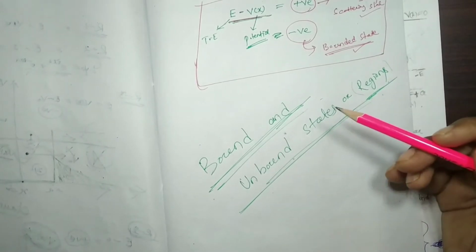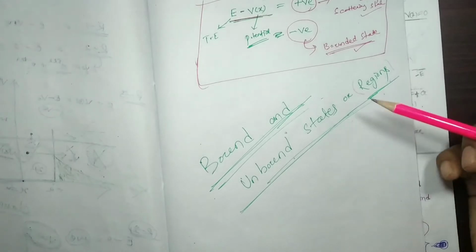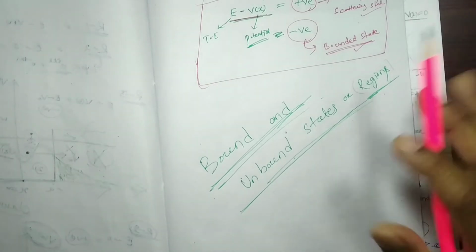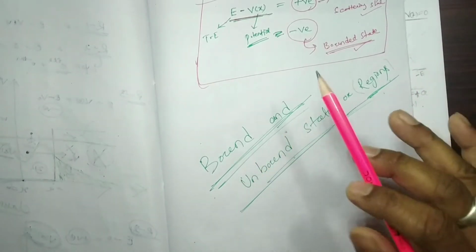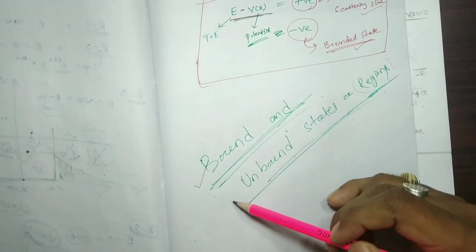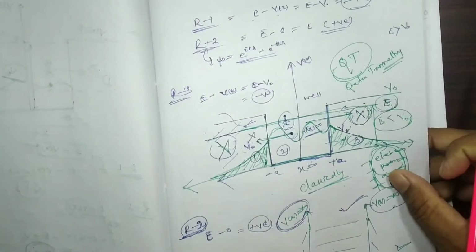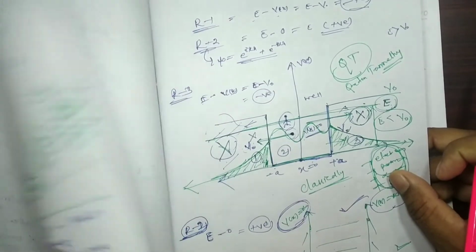What are the so-called bound states or regions, or unbound states or regions, for the particle? So only for that we discussed in detail bound and unbound states. We took many examples.